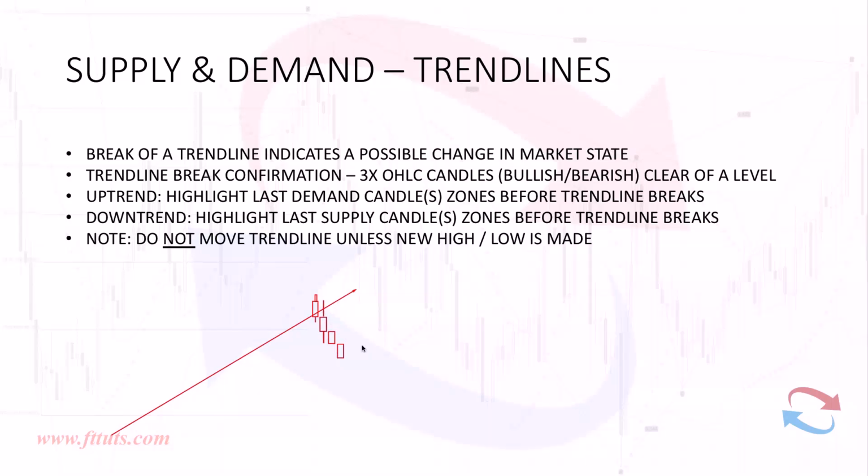This would then be the first one. So that would now be the first candle. This would be the second candle, and then we would have to have a third candle free and clear of this trend line for us to now decide and say that this trend line has broken, and we could potentially be entering a change in the market state.